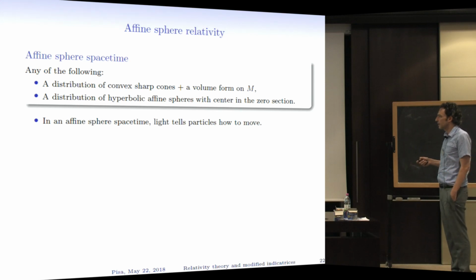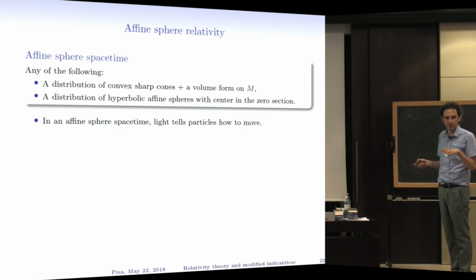So in this theory, the indicatrix is recovered from the cone. So light tells particles how to move, because the indicatrix tells massive particles how to move. And here the indicatrix comes from the cone.